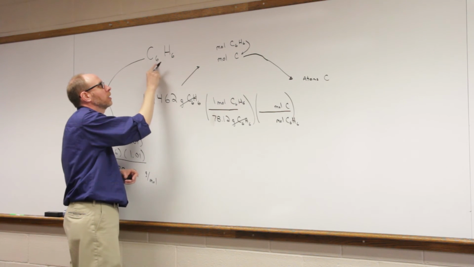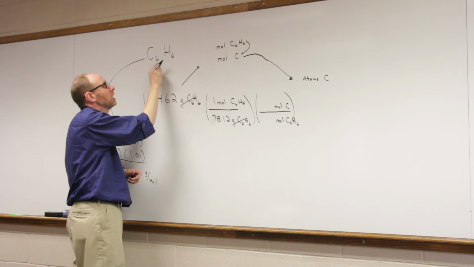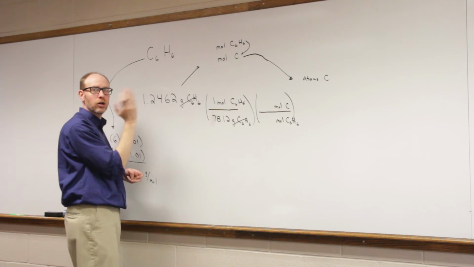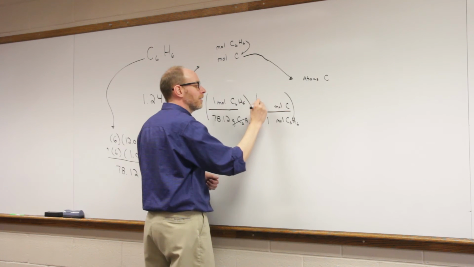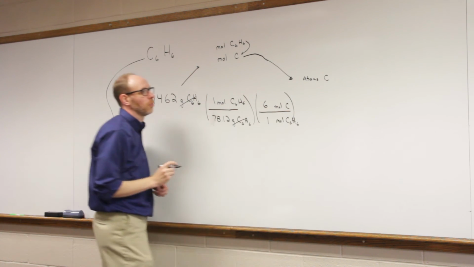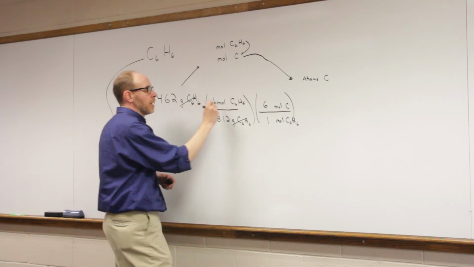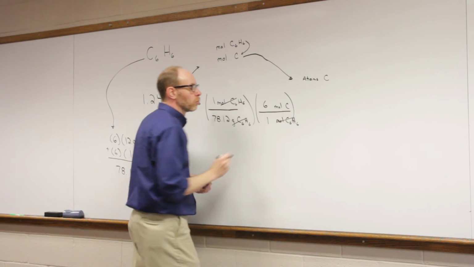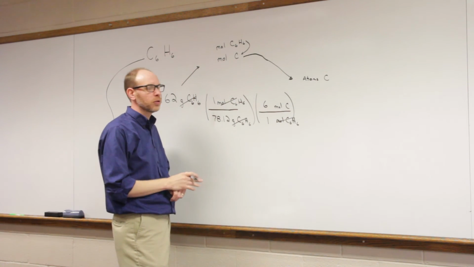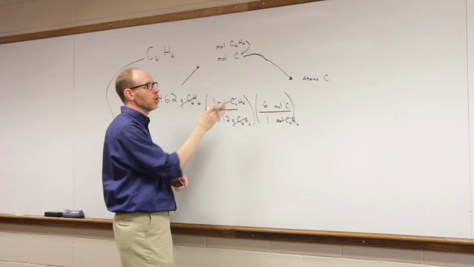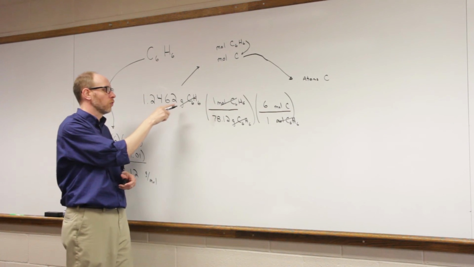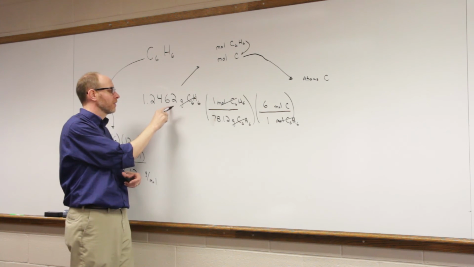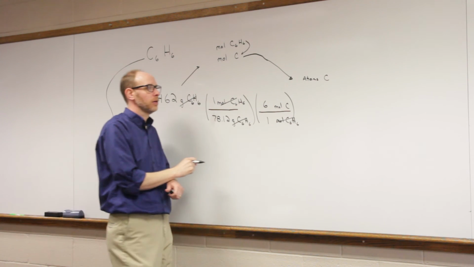I'm using the stoichiometric ratio, or the stoichiometric coefficients that are contained directly in that formula. So 1 mole of benzene contains 6 moles of carbon atoms. Now, I've canceled the moles of benzene. If I stopped, I would know how many moles of carbon I had in the 1.2462 grams of benzene.